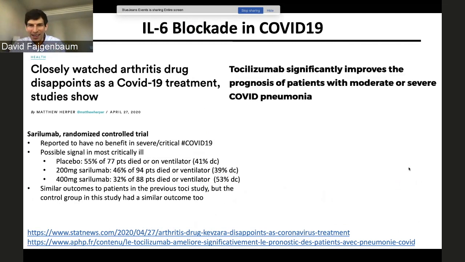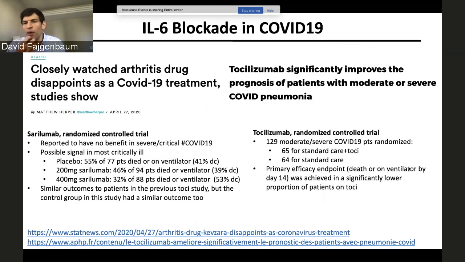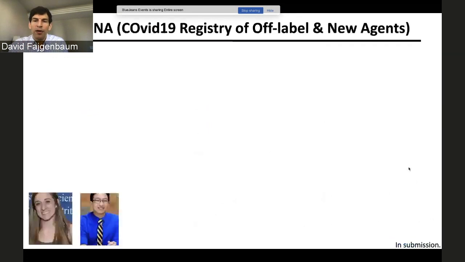And then a couple minutes later, a study regarding tocilizumab reported that they achieved their primary endpoint. So sarilumab and tocilizumab both block the receptor for IL-6, and on the same day, within minutes, reported out different results. The tocilizumab study also looked at these moderate to severe patients, and they did achieve their primary efficacy endpoint of having significantly fewer patients dead or on ventilators by day 14 compared to the control group.